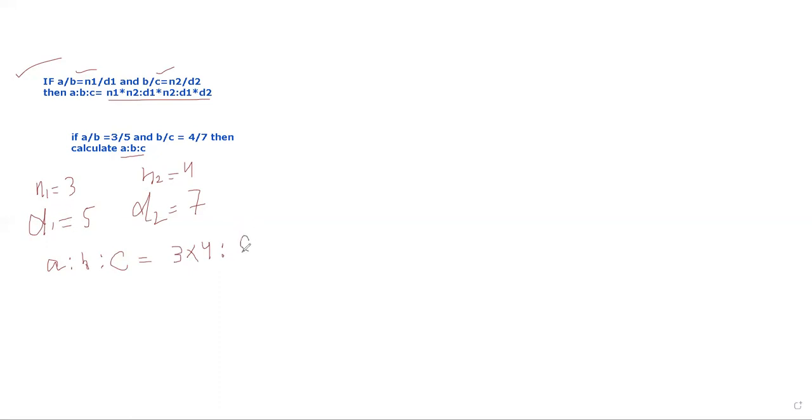So that will be 5 into 4. Then apply the ratio. Then finally we multiply D1 into D2. D1 is 5, and D2 is 7.